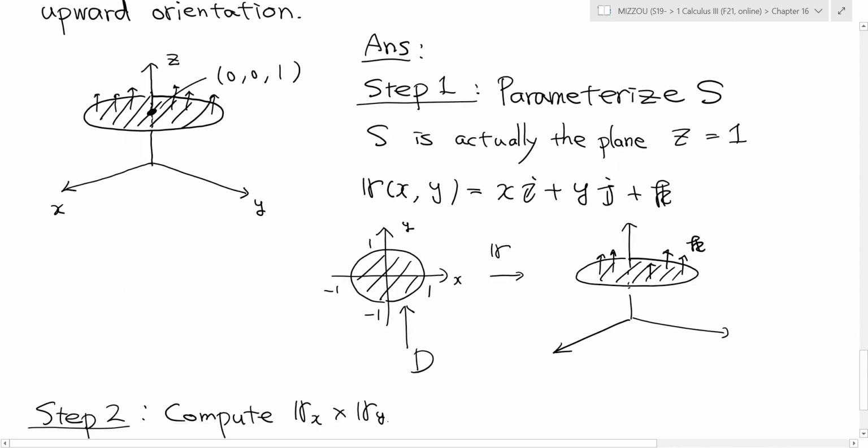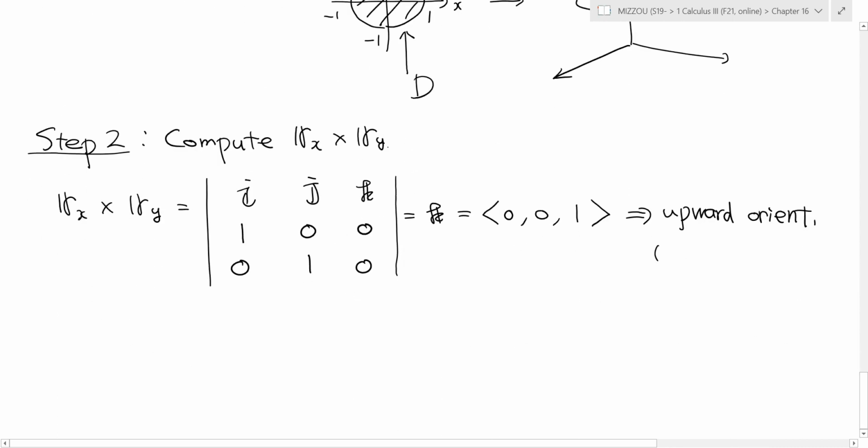Okay, so that's a correct orientation. All right, so that's step 2.